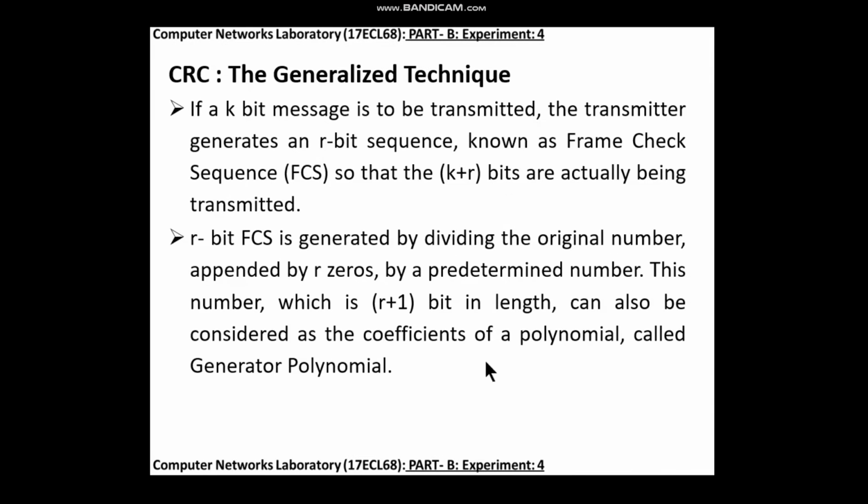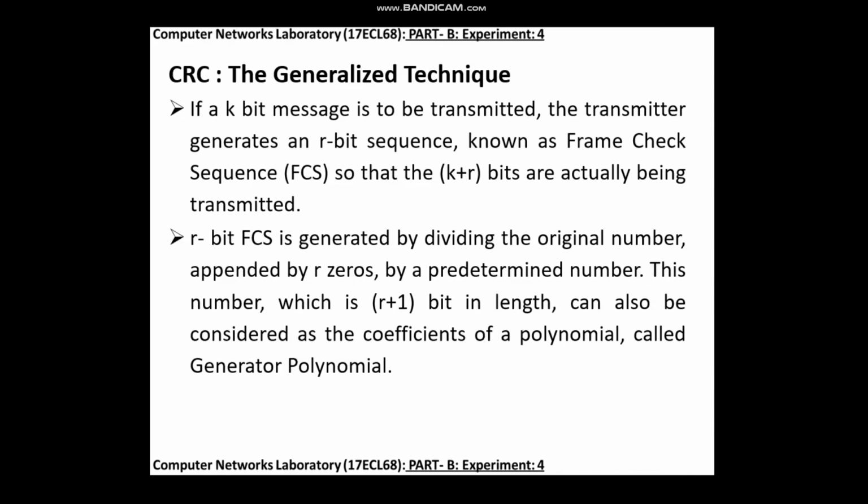Let us have a look at the generalized technique for CRC. If a k-bit message is to be transmitted, the transmitter generates an r-bit sequence known as frame check sequence, so that k plus r bits are actually being transmitted. The r-bit FCS is generated by dividing the original number appended by r zeros by a predetermined number.